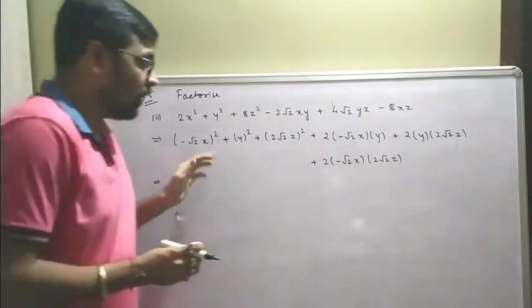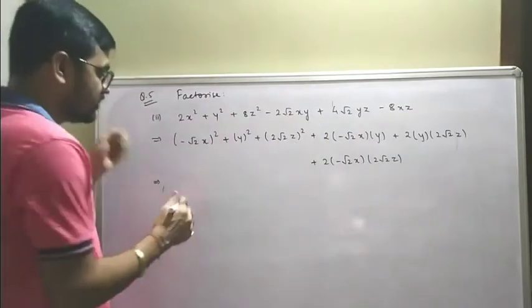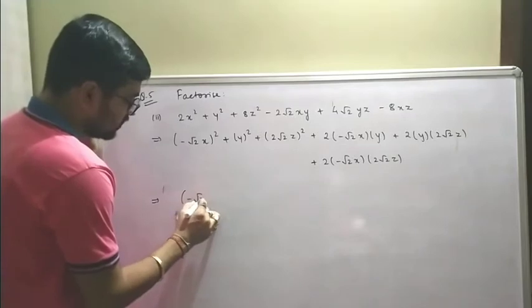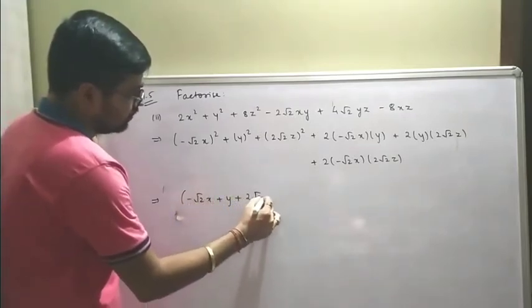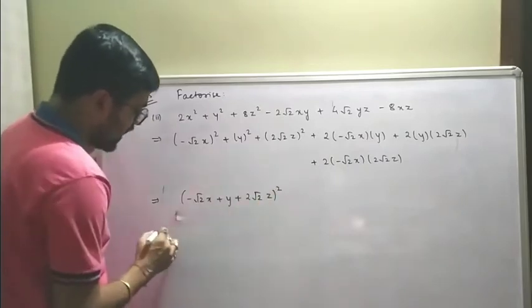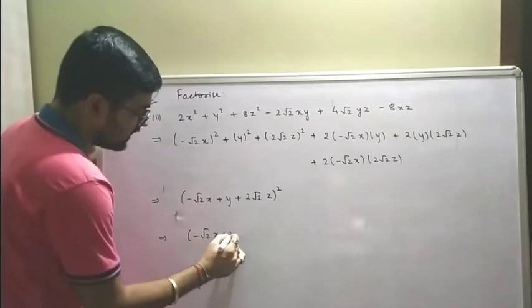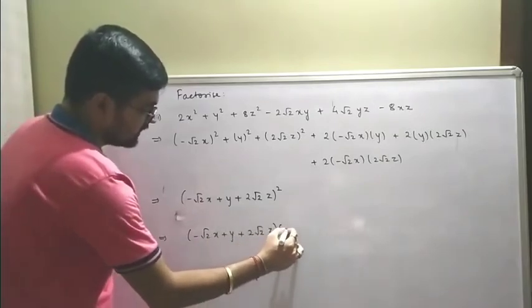Simple. So based on this understanding, what could be the factors? The factor is going to be minus root 2x plus y plus 2 root 2z whole square. And I told you, always write factors in separate brackets even though they are the same.